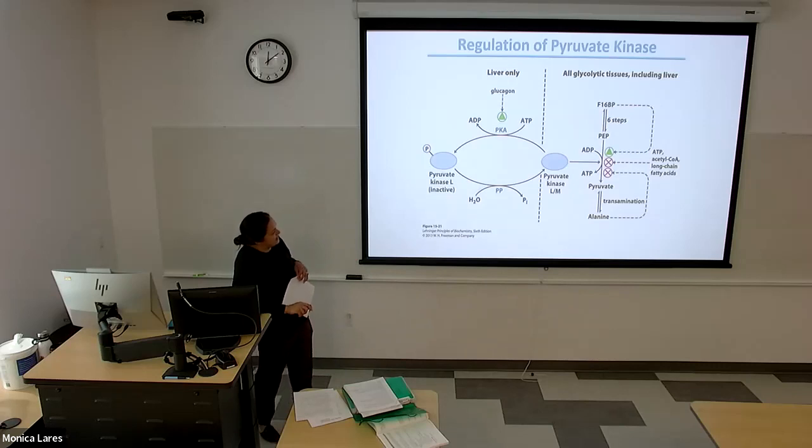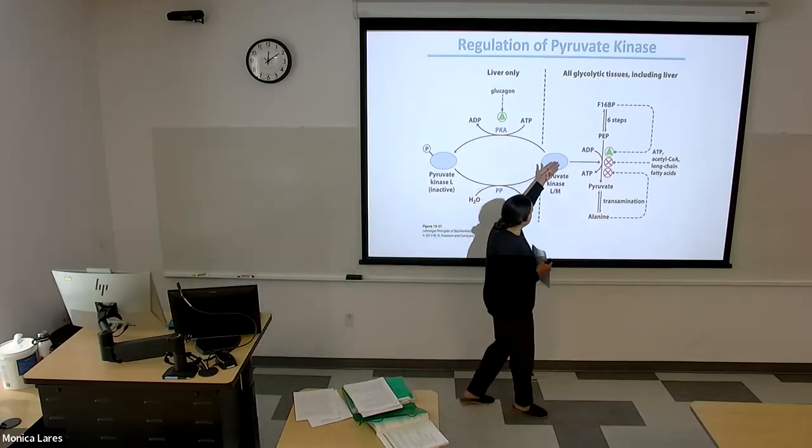So we have pyruvate kinase. These are the glycolysis steps: fructose 1,6 bisphosphate, going through 6 more steps to get to PEP, phosphoenolpyruvate, and this is the last step of glycolysis, making pyruvate.